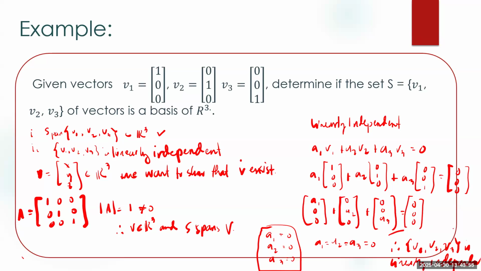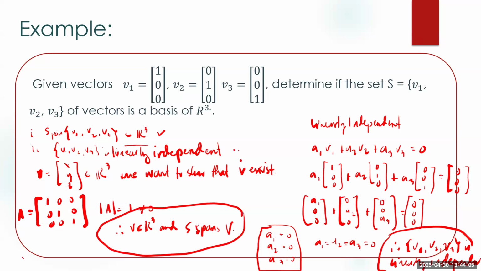So you can see it is linearly independent as well as the vectors span R3. Therefore, we can say that the set S equal to V1, V2, V3 is a basis of R3.